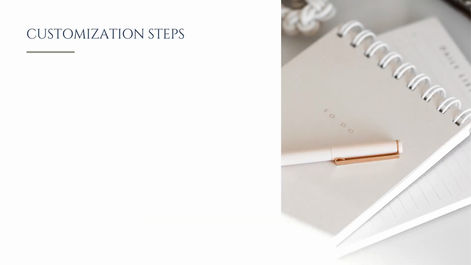In a nutshell then, whether you are creating a social graphic for Instagram or another social platform, a lead magnet to build your email list, a workbook for a digital course, or something else, the process you follow when customizing your Canva templates will be the same. First, find an appropriate template to start with, or you can design from scratch if you're so inclined.